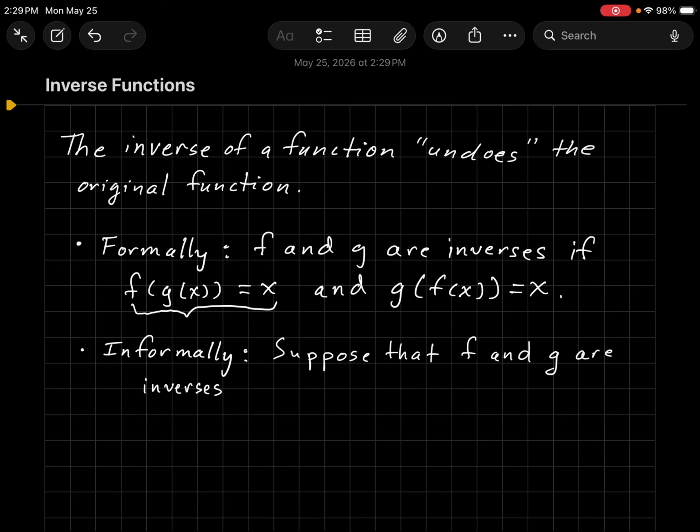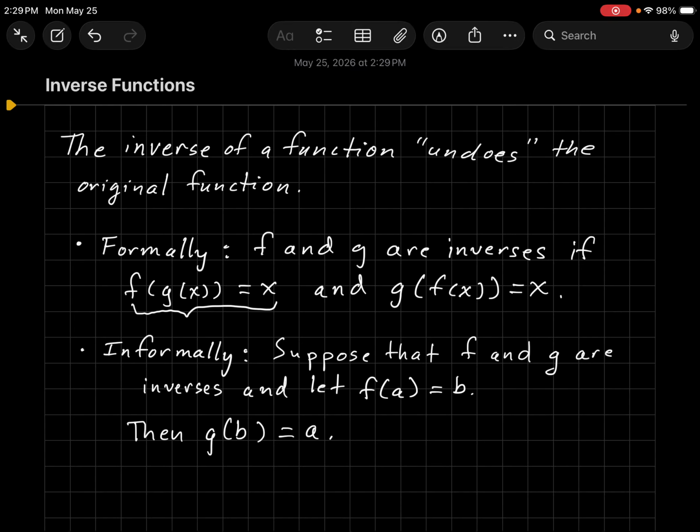A little bit more informally, or intuitively, suppose that f and g are inverses of each other. And let's say f of a equals b. Then g of b equals a.